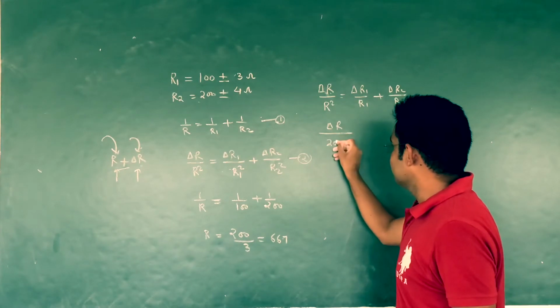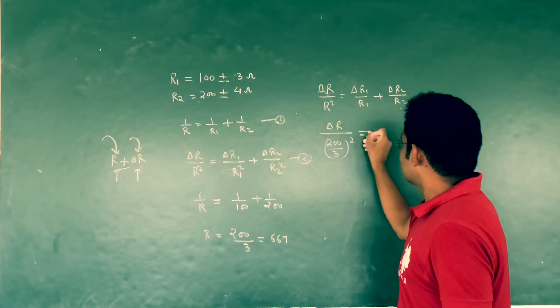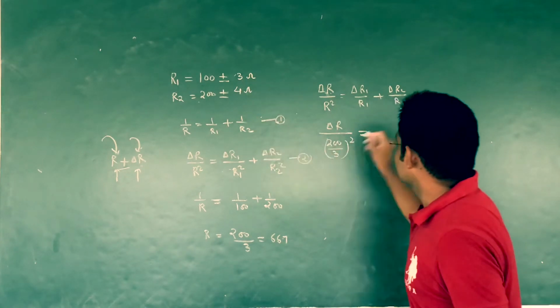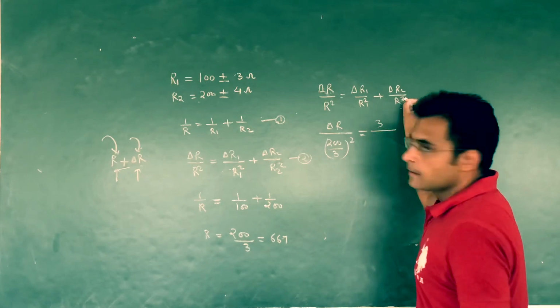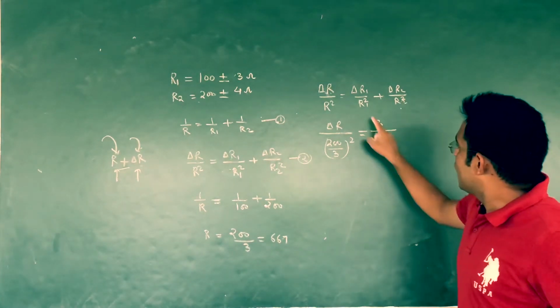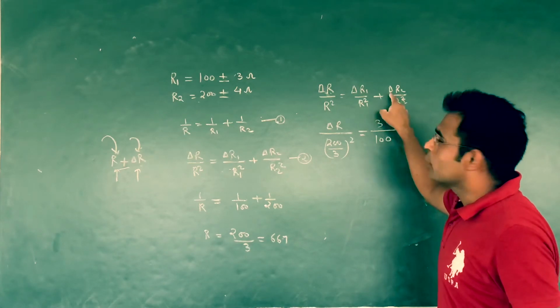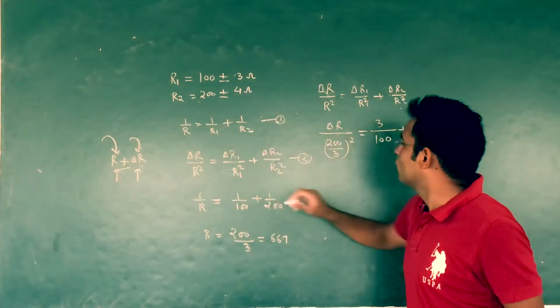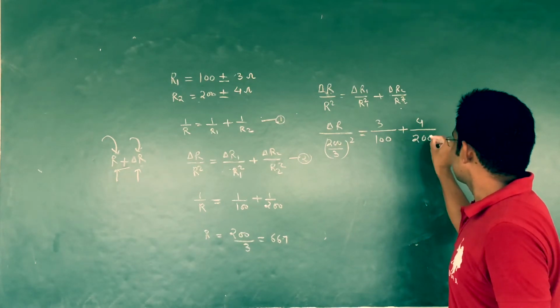I got R as 200 by 3, squared, is equal to delta R1, which is 3, and this is squared. Delta R1 is 3 and R1 is 100, so this becomes 3 divided by 100. Delta R2 is 4 and this one is 200.